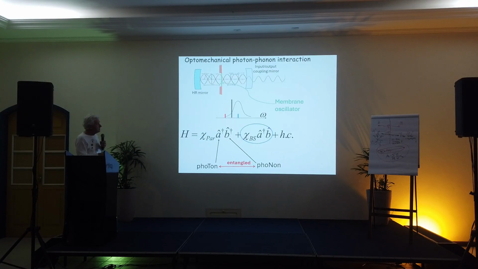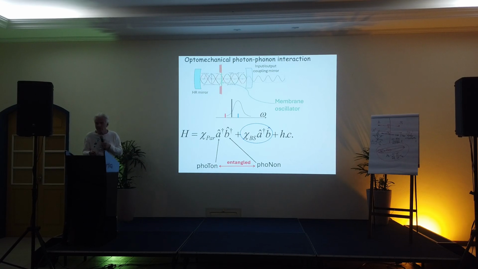On the other hand, if I just tune my laser on the other side of the resonance, then the blue sideband will be efficiently generated. So photons from here will be scattered in this mode. This mode has a higher frequency than the laser. This energy should come from somewhere, and it comes from the phonons. So you have the creation of the blue sideband and the annihilation of the phonon.